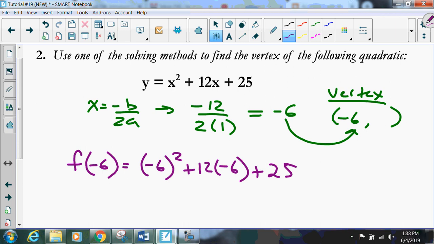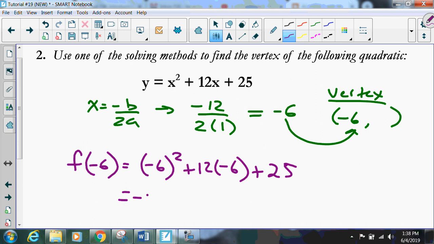Let's see, so we'll have 36, and then 12 times negative 6 is going to give me a negative 72. So I'm kind of doing it in my head and with the calculator. So we have negative 72 plus 36, which is, of course, negative 36, plus a 25 gives me a negative 11.